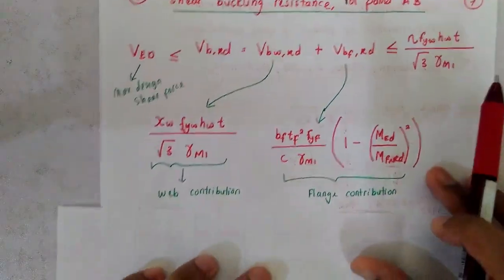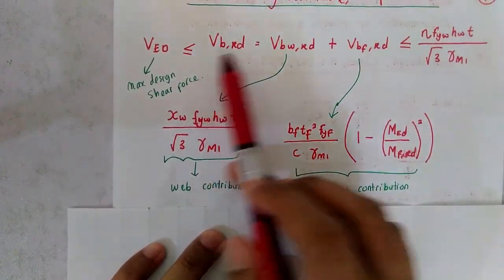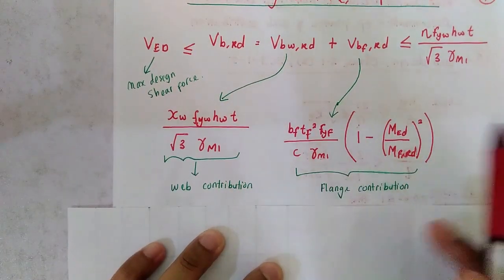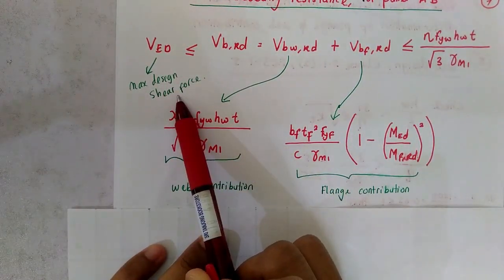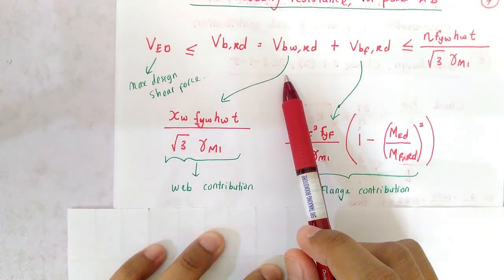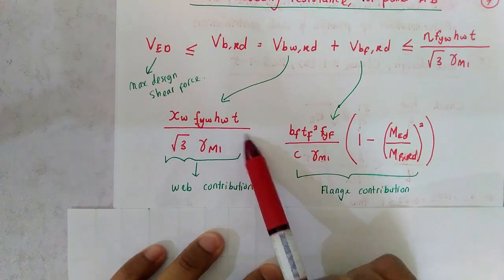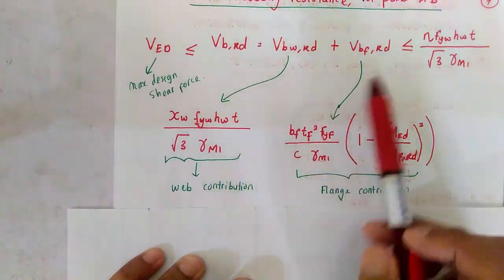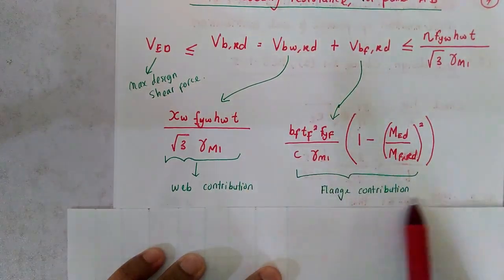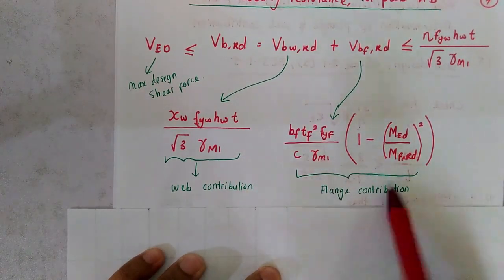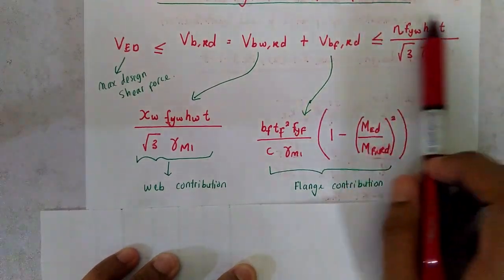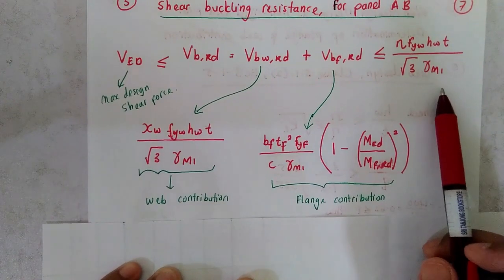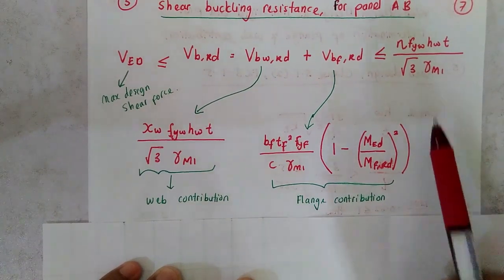This is the requirement: V_Ed represents the maximum design shear force, V_bw,Rd represents the web contribution, and V_bf,Rd represents the flange contribution, and it must be lower than the requirement given in the Eurocode.